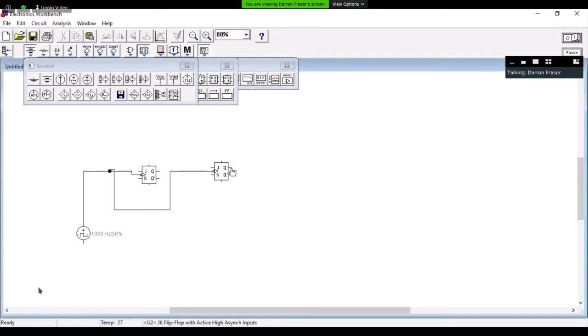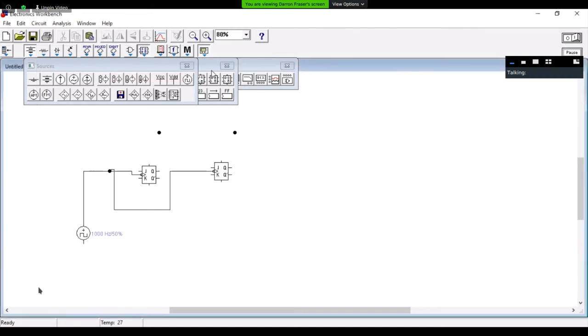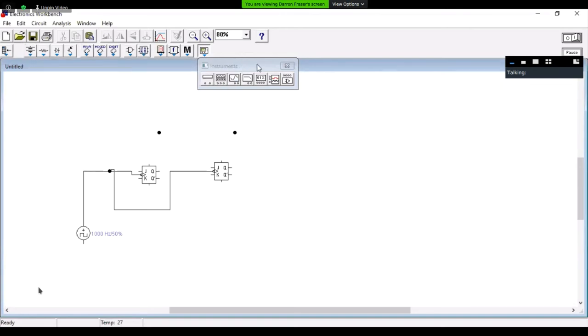So JA equal output B. So let me just put the output. All right, so simulate the circuit.